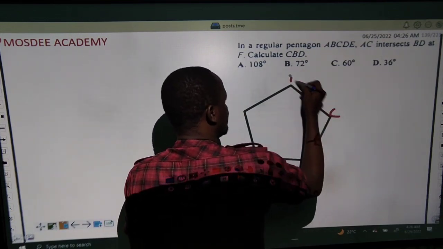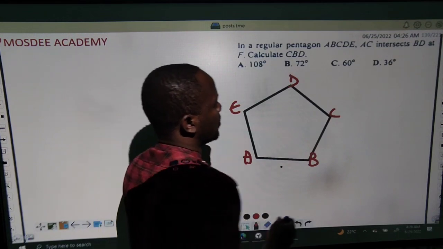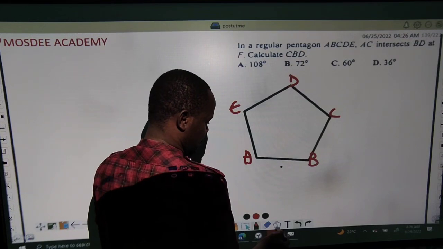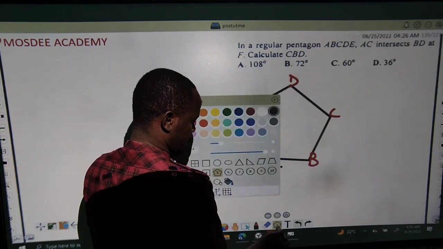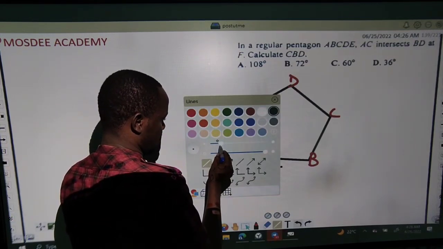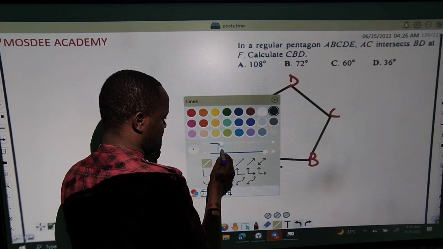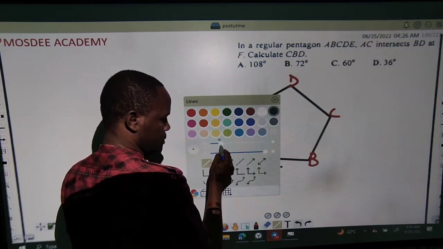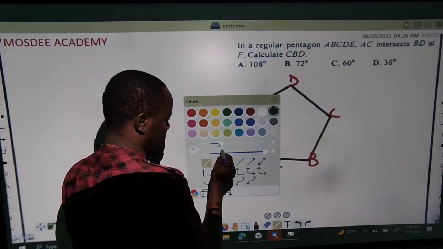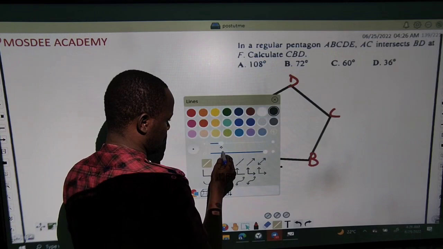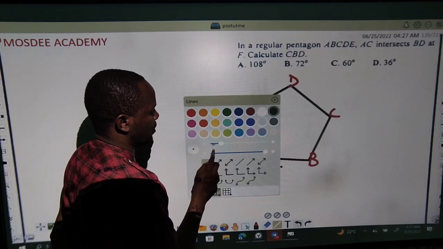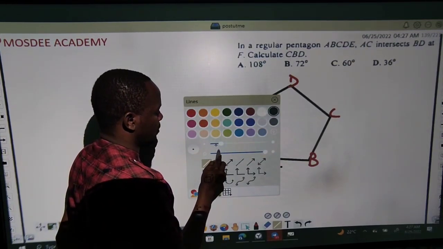A, B, C, D, E. So we have AC intersect BD. I'm trying to show you guys how to come about it. I think it's the app that is very slow, because I'm not supposed to be having an issue here.